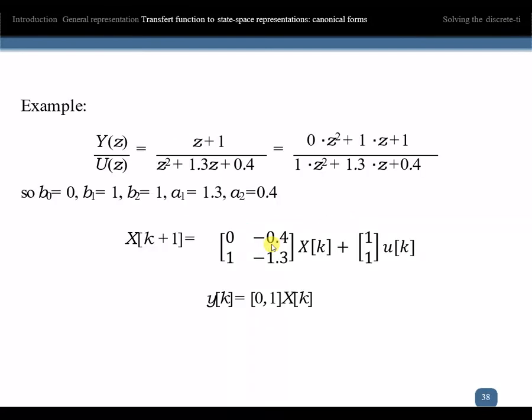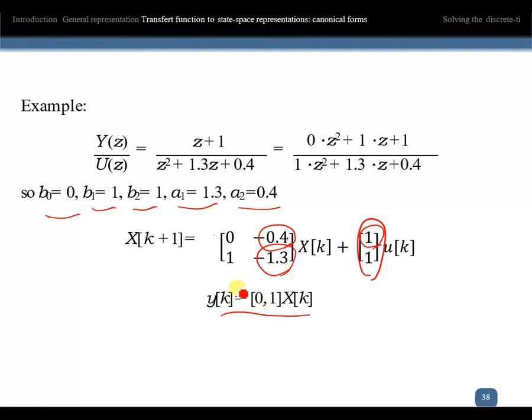It's easy. You find b0, b1, b2, a1, and a2 from the transfer function. You put them in the matrix, then this one becomes the an minus bn, the same as the matrix that you saw in the previous slide, and here becomes the output.